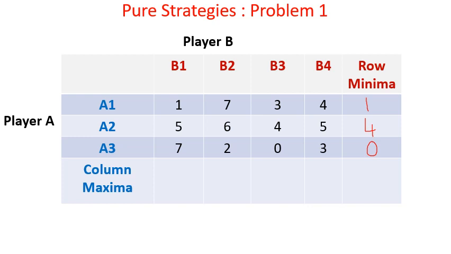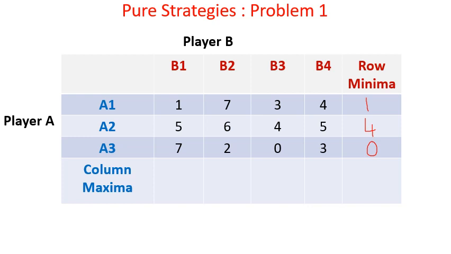If A exercises A1 and B responds with B1, then A will get the least payoff. So that particular value A writes here: 1. Row minima is 1 here. Similarly, for row 2, the minimum is 4. Similarly, for row 3, strategy A3, row minima is 0.